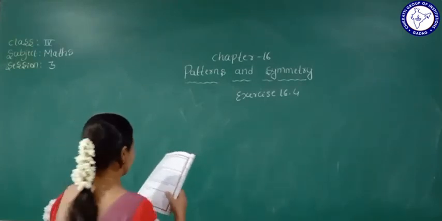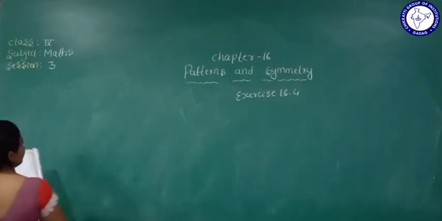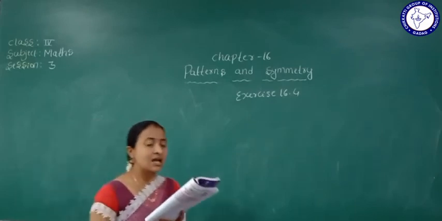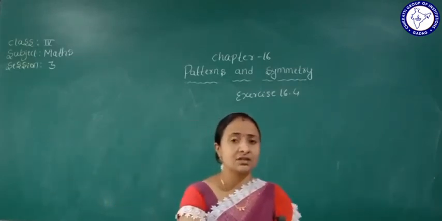Next one, draw the letters below in a big size in a notebook and draw all possible axes of symmetry. Yes, we can see here students. Before going to this one, let us see in the alphabet how many letters have symmetry.